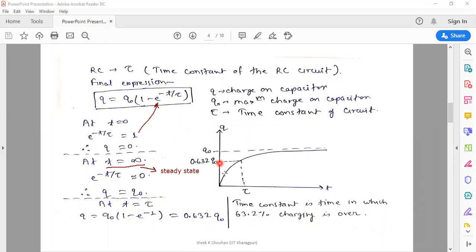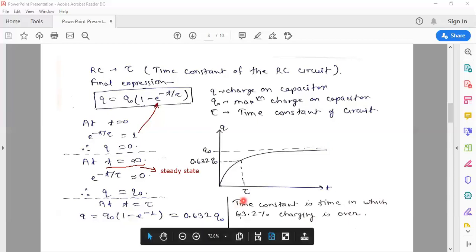Now the graph of the charge over the capacitor increases exponentially like this. After a certain time it becomes saturated, and it will reach a maximum value which it cannot exceed. Now from here we have the definition of time constant for a charging circuit. This is defined as the time in which 63.2% charging is over.